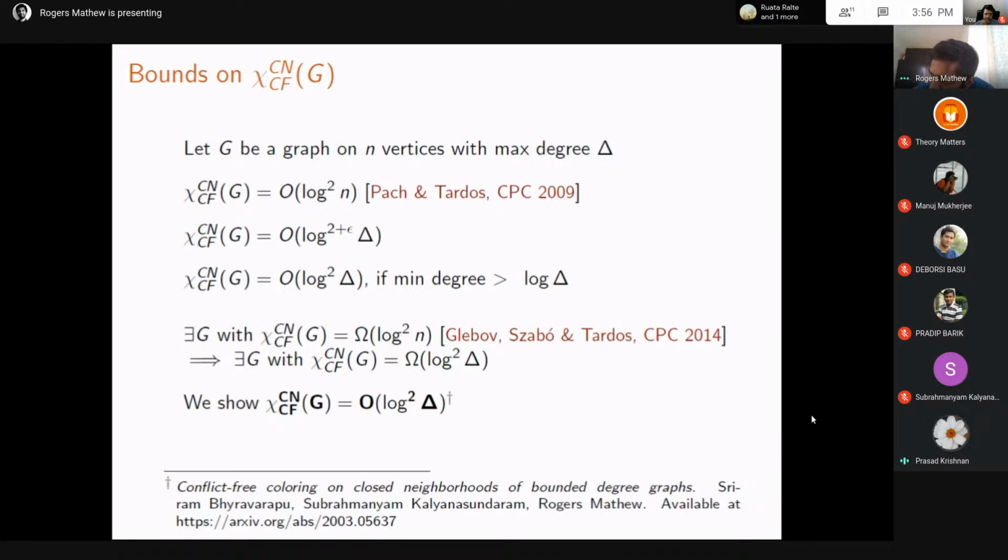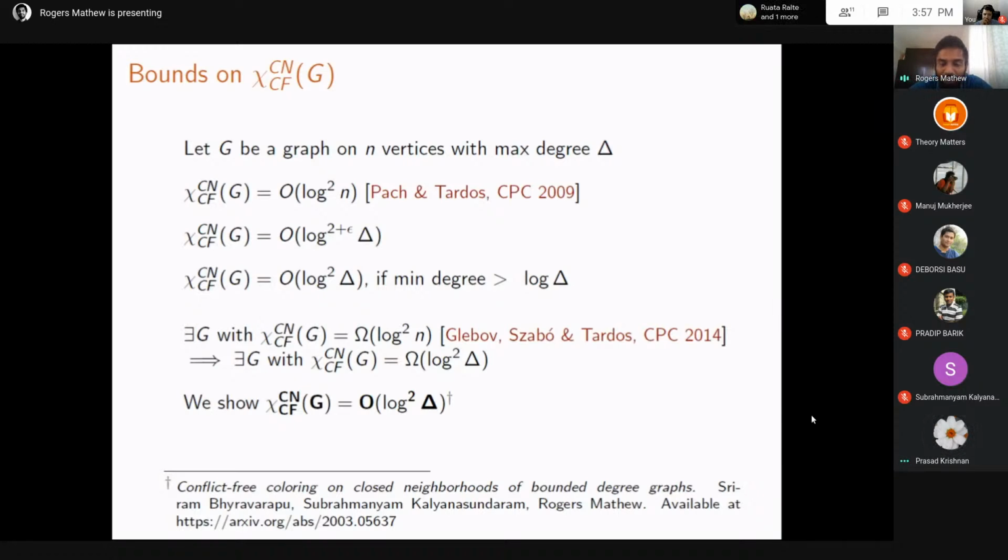And it's an existence result for some class of graphs which have this particular lower bound. Yeah, the lower bound is on some random graph, a specific class of graphs. So it could very well be possible that there are other graph parameters using which you can possibly do better.